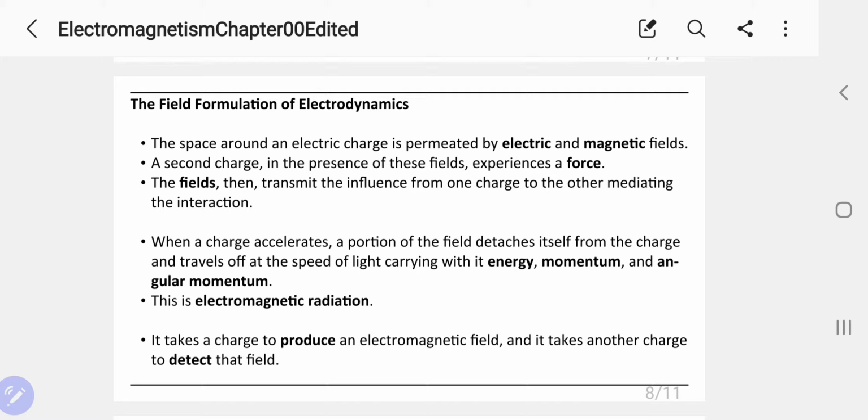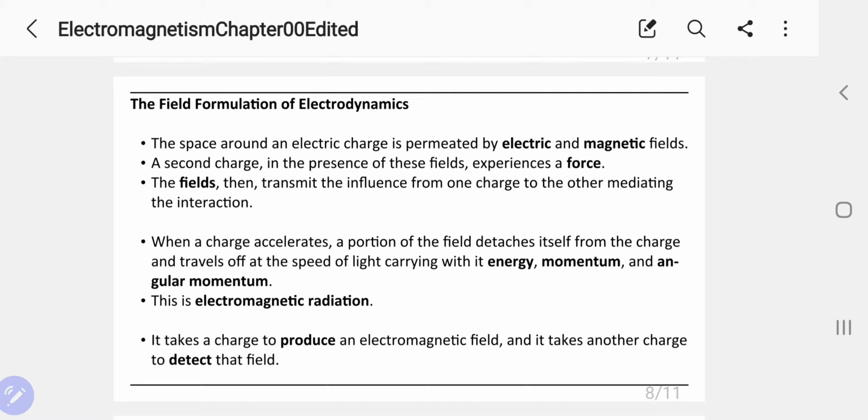These electric and magnetic fields are detected by a second charge. So if you place another charge near a point charge or particle, the second charge will experience a force from the first charge.